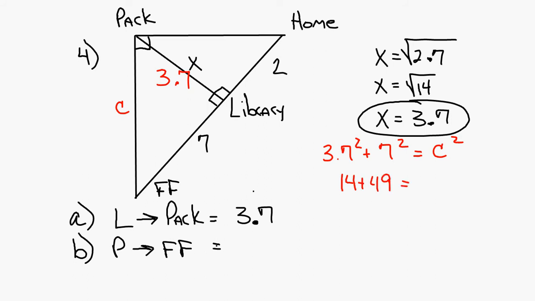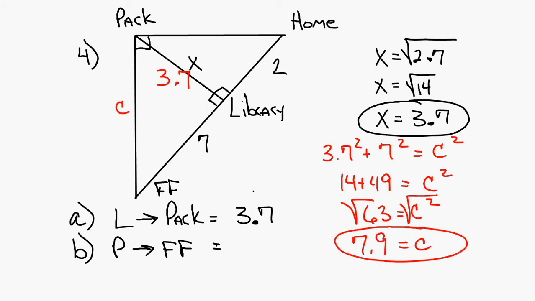And 14 plus 49 is 63 equals C squared. And then we're going to, no, we're going to square root both sides. So the square root of 63 is 7.9. All right, so the distance from the park to the football field is 7.9.